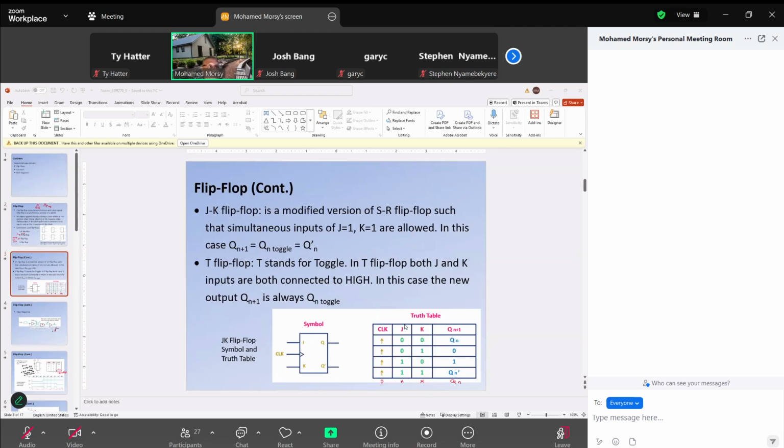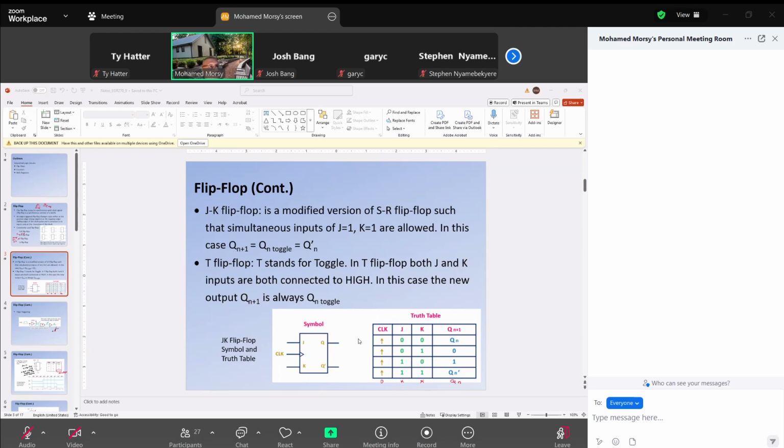I added this truth table just to make sure everything is clear. This is the symbol for the positive edge triggered JK flip-flop.